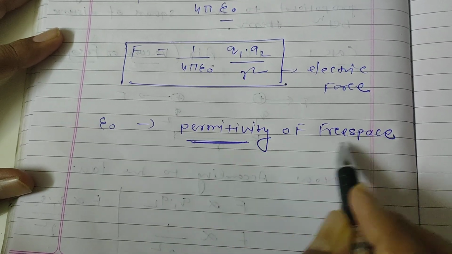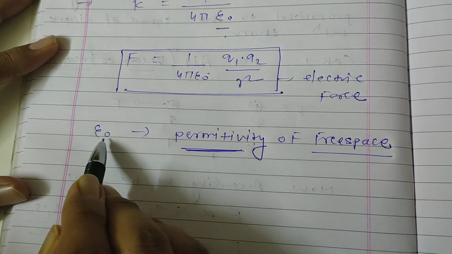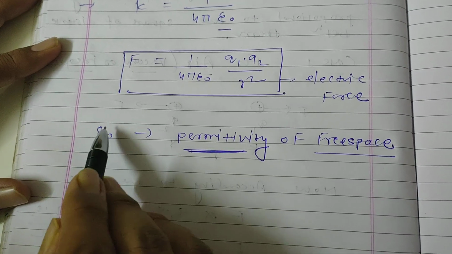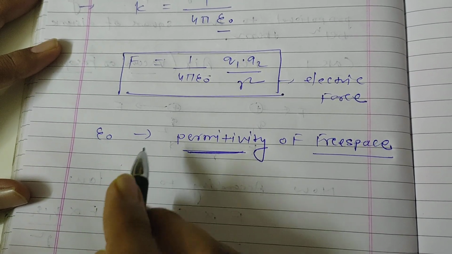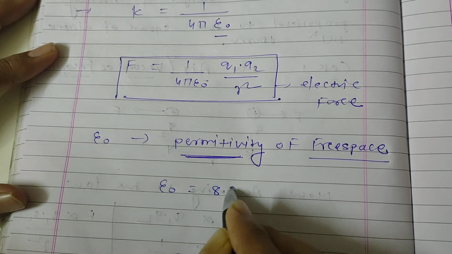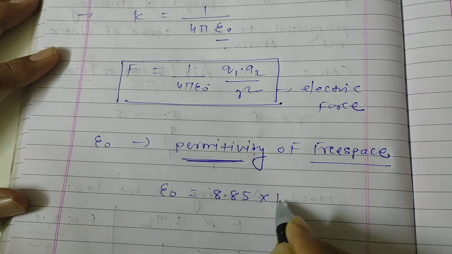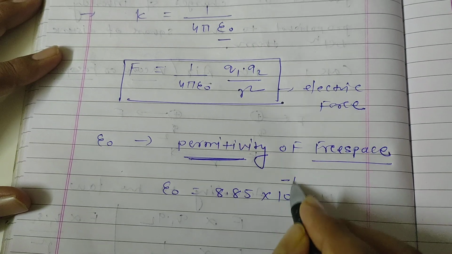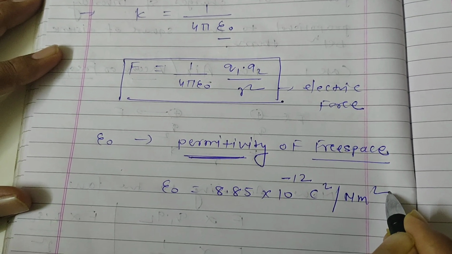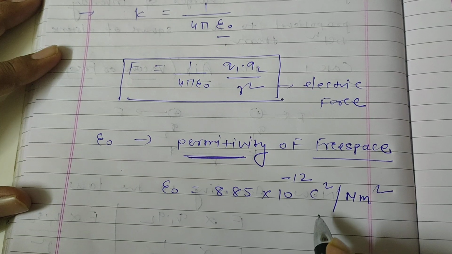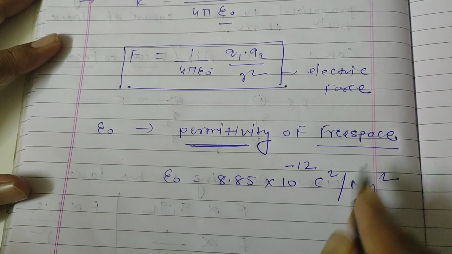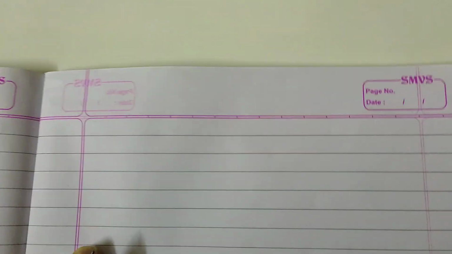As it is the permittivity of free space, we put naught with epsilon, so the whole thing is known as epsilon naught. Its value is fixed: 8.85 into 10 to the power minus 12 coulomb square per Newton meter square, exactly the opposite unit of small k.